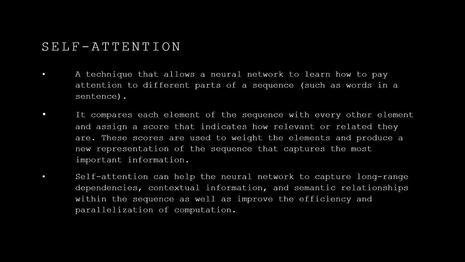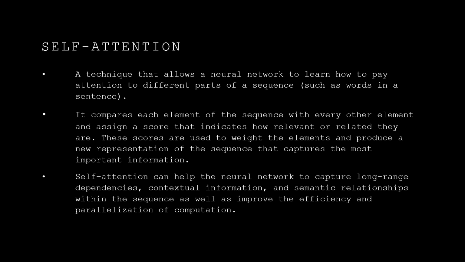Now, on to self-attention. It's a technique that allows a neural network to learn how to pay attention to different parts of a sequence, such as words in a sentence. It compares each element of the sequence with every other element and assigns a score that indicates how relevant or related they are.